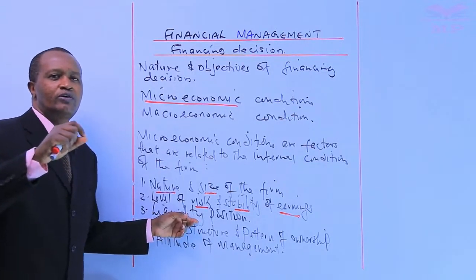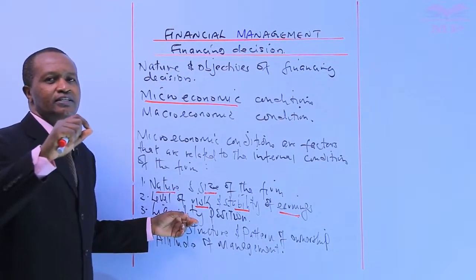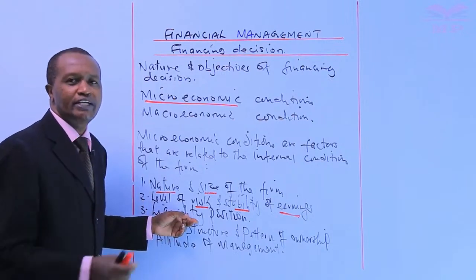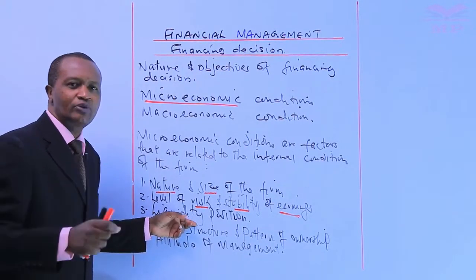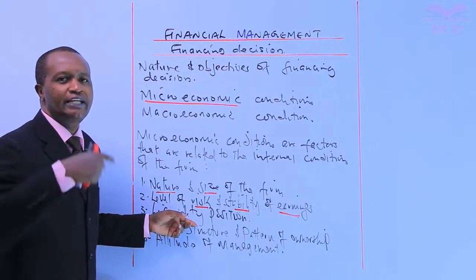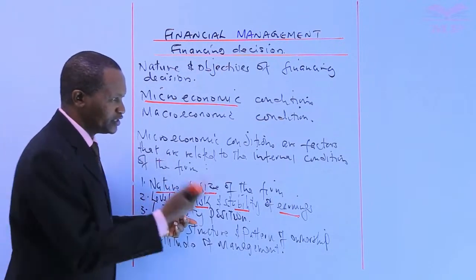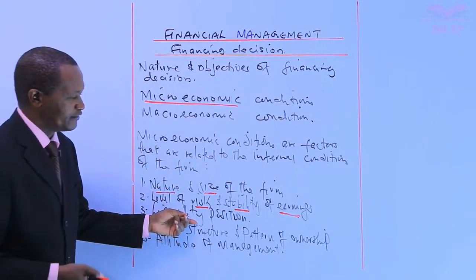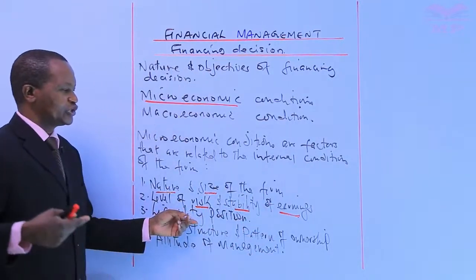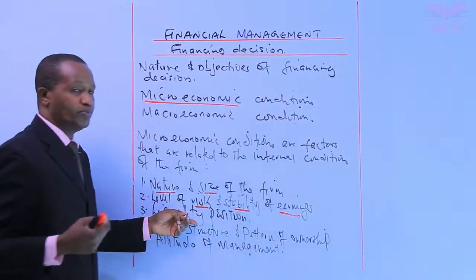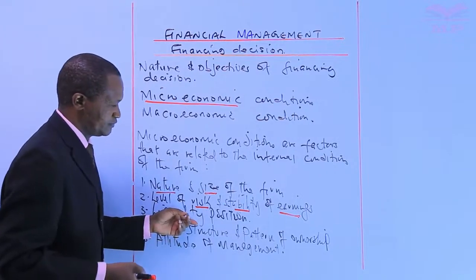So, candidates, because dividends are normally paid out of cash, firms with a sound liquidity position can adopt a liberal dividend policy. A liberal dividend policy means that a firm distributes its earnings to the shareholders in the form of dividends.